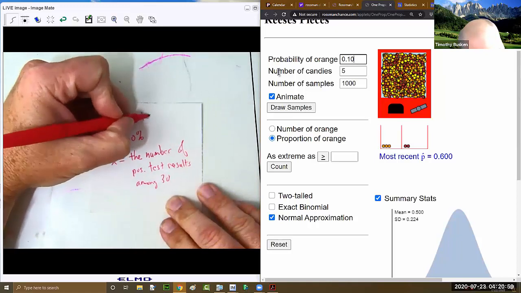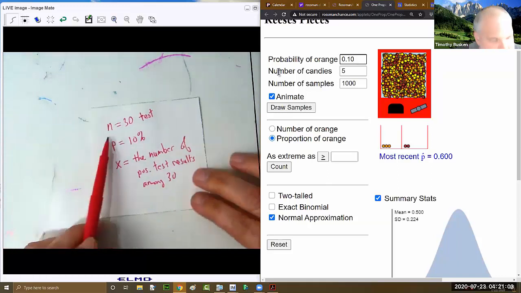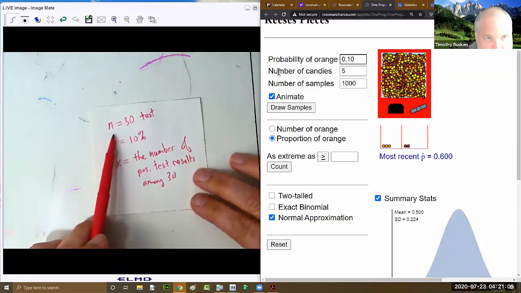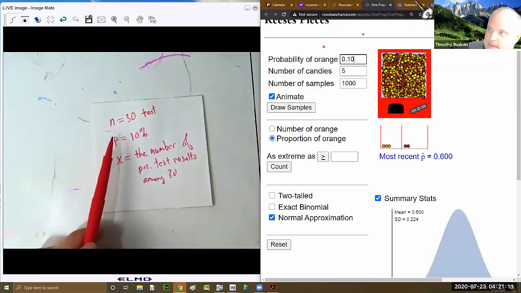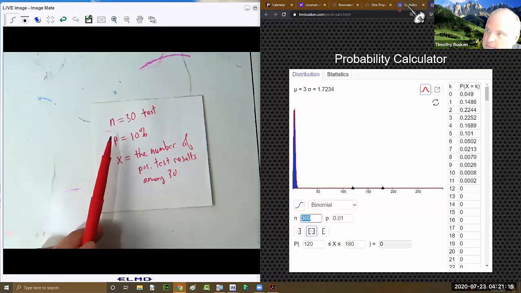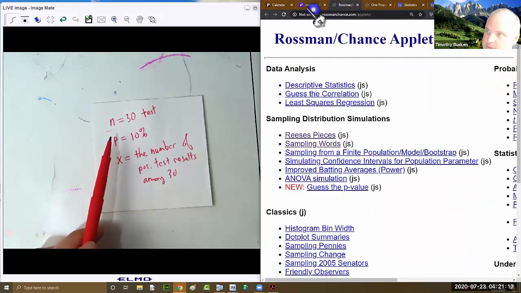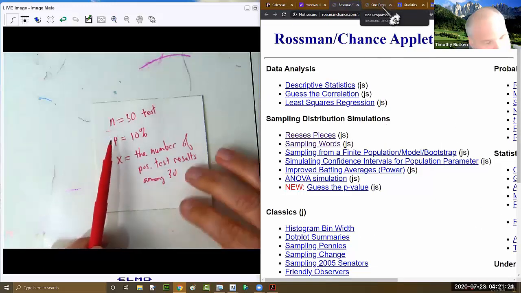So going back to those four properties of the binomial experiment, there's a fixed, finite number of trials. That's property one. We're good there. Property two, each trial needs to be independent of the others.